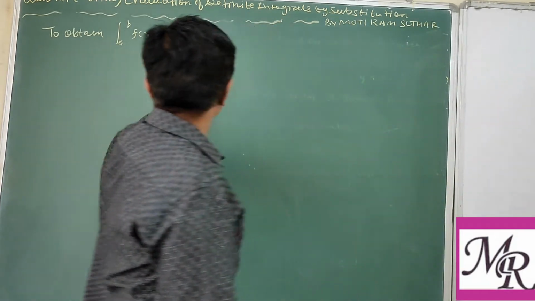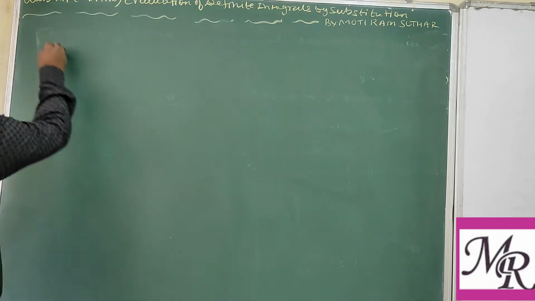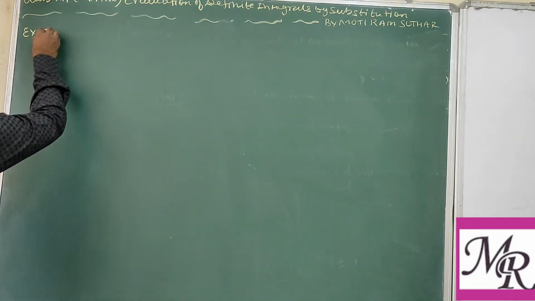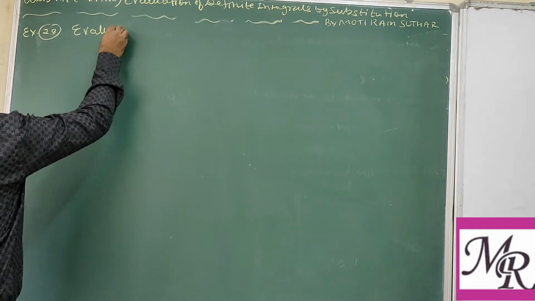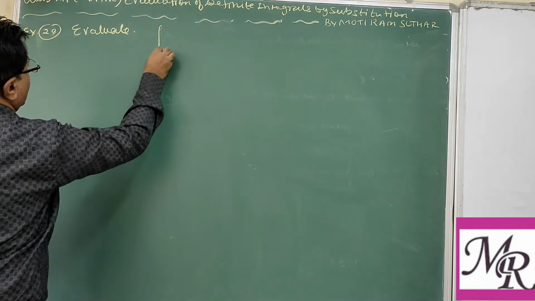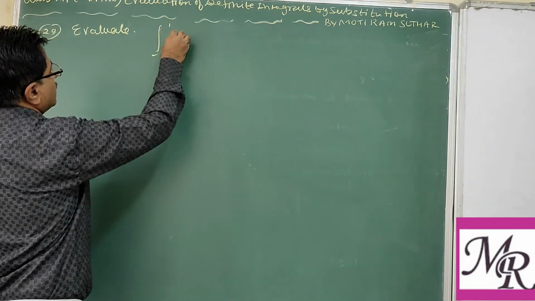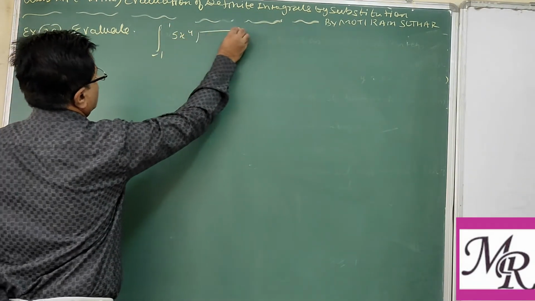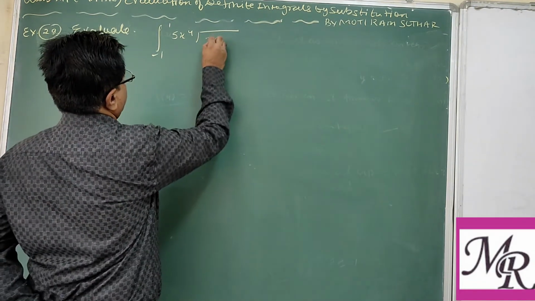Write down: evaluate, example 28, the integral from -1 to 1 of 5x^4 root of (x^5 + 1).